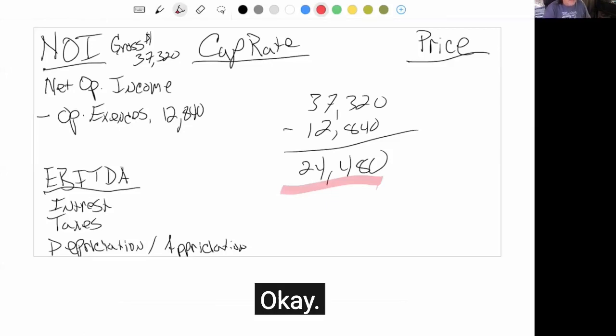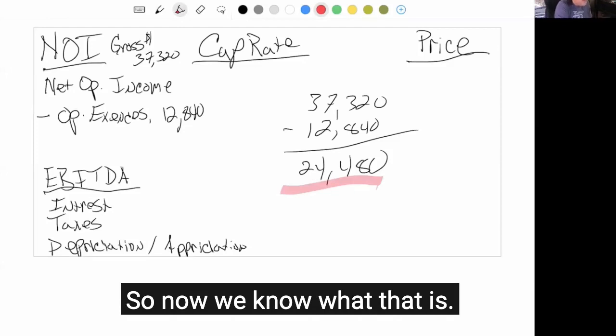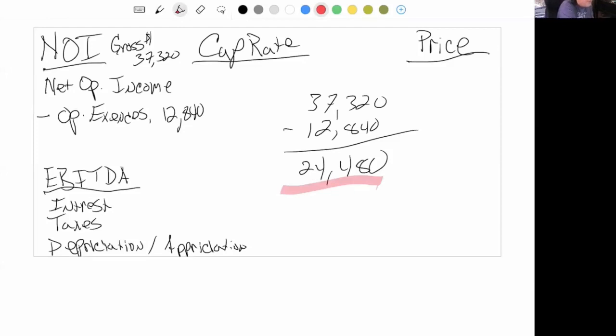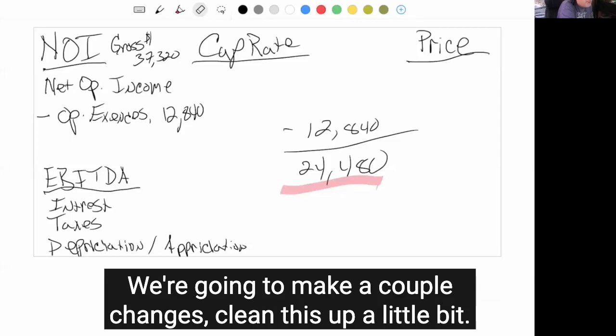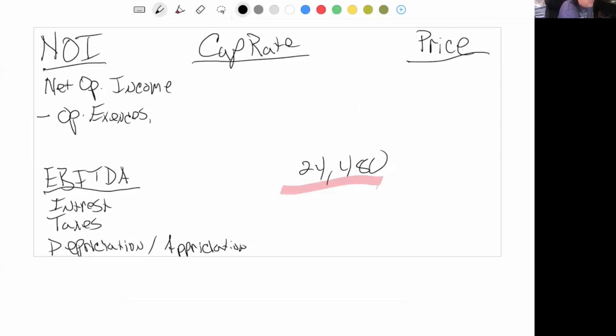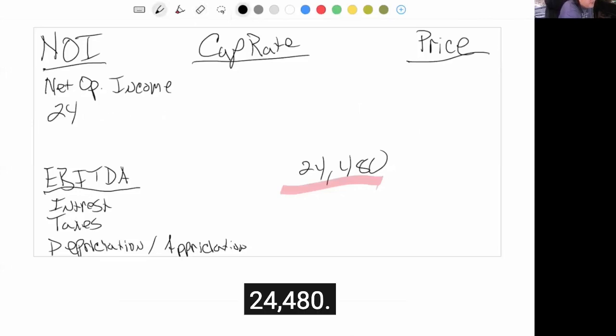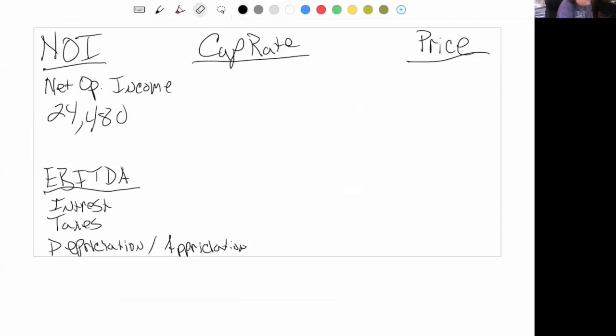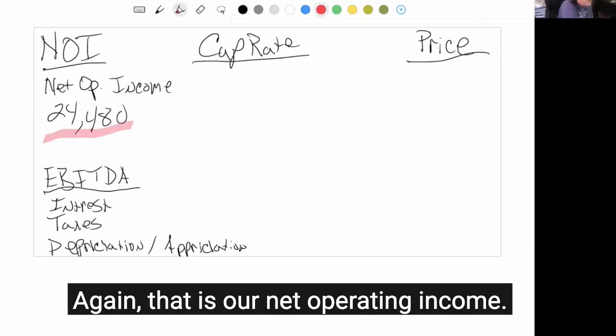Fair enough? Okay, so now we know what that is. We're going to make a couple changes, clean this up a little bit. We know what our gross was. And we're going to bring this number over here: $24,480. Again, that is our net operating income.